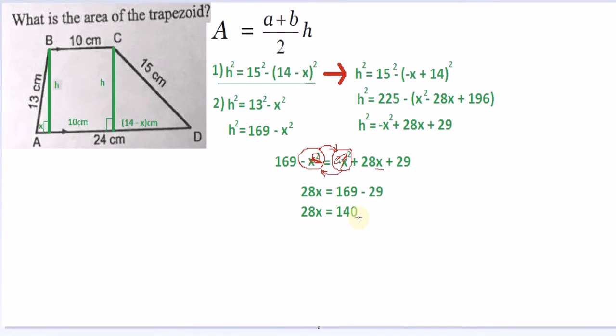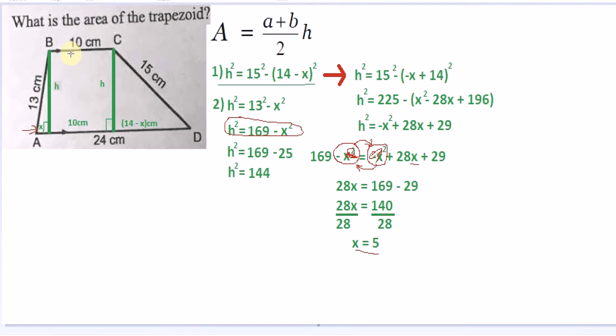Now the next thing to do with that is to go ahead and divide both sides by 28, and it looks like it's going to be pretty easy. And once we do that, we see that we have x equals 5. Now we only have h left, because now we know what x is. And since this triangle over here uses just plain old x, we'll use this triangle's equation and plug in 5 here.